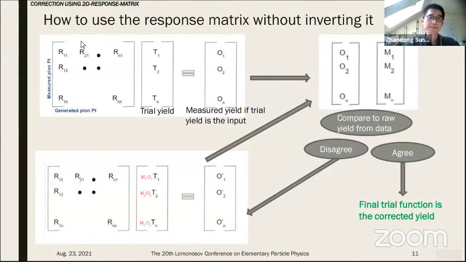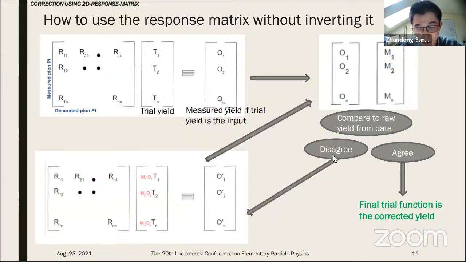Having this matrix, we give a trial yield, and this yield is from our previous study in a similar system. We make the multiplication, and we have the measured yield. This measured yield will be used to compare with our raw yield from data.